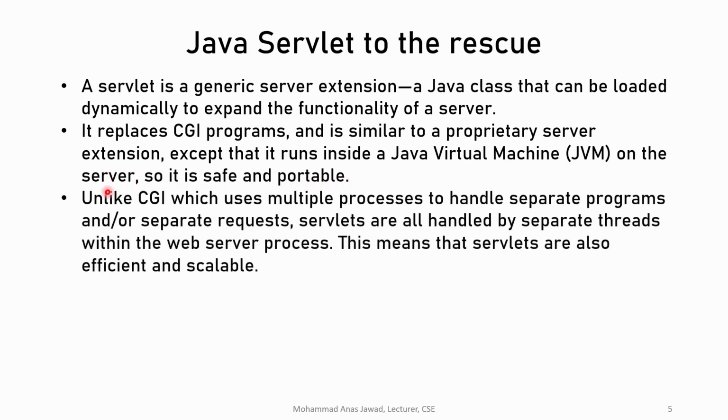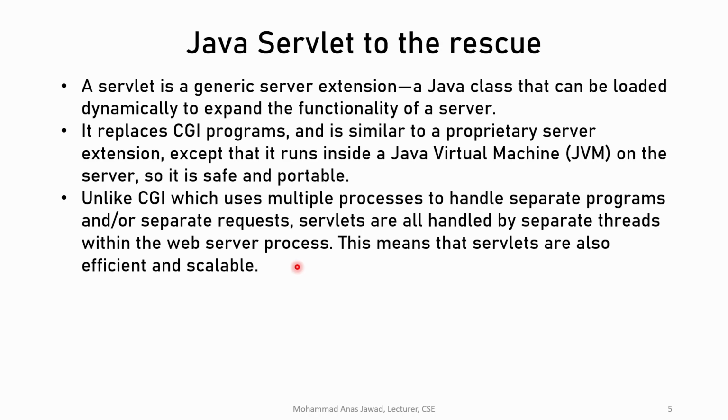All right? Unlike CGI programs, which use multiple processes to handle separate requests, servlets are all handled by separate threads within the web server process. This means that servlets are also efficient and scalable. So essentially, whenever a new request is received by the server, instead of spawning a completely new process, the server simply hands the responsibility of handling this request to the web container.